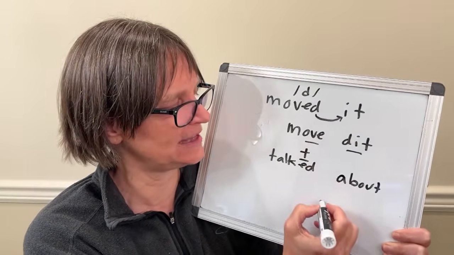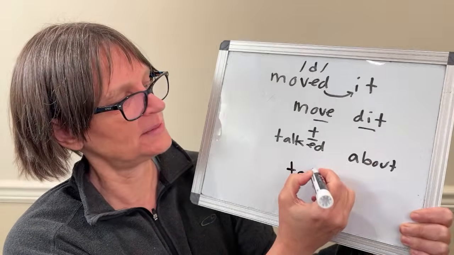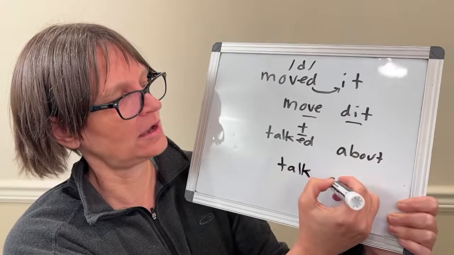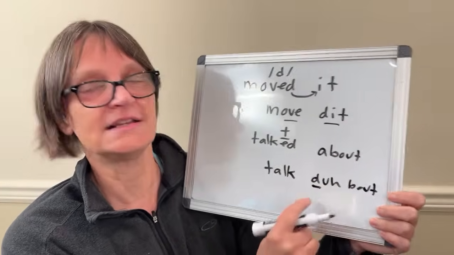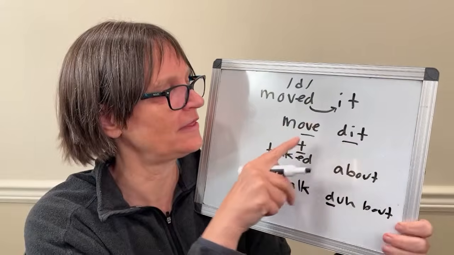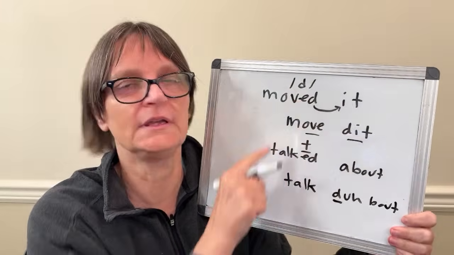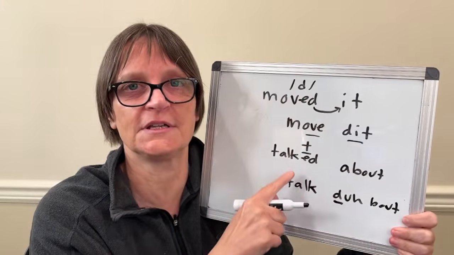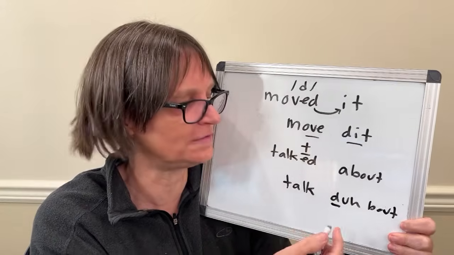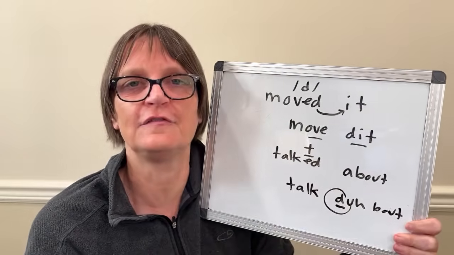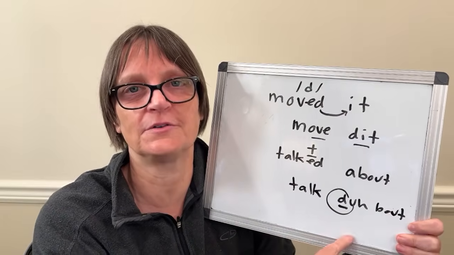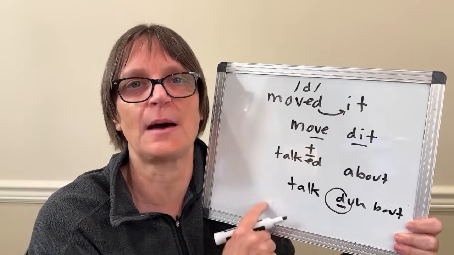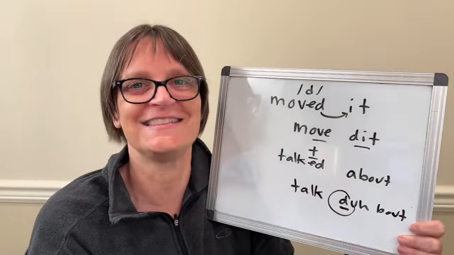It's going to turn back into a D. So "talked about" is going to sound the same as "talked about." Same thing, that D is going to link. So regardless of whether your ED is going to say a D or a T sound, they both, when linking to a vowel, turn back into a flap sound that links to the vowel. Moved it, talked about, passed it, stopped it. You're going to hear that D there.